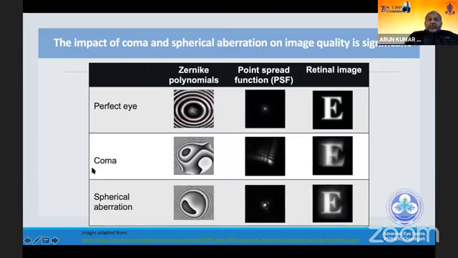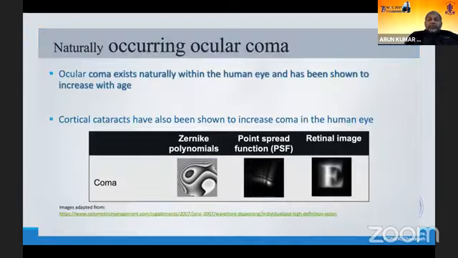As you can see, the coma leads to a little ghosting, and spherical aberration leads to a small halo around the images. There is a naturally occurring ocular coma in all of us, which exists within the human eye, and it also increases with age. With an increasing amount of cataract, it has been shown that the degree of coma in the eye increases.